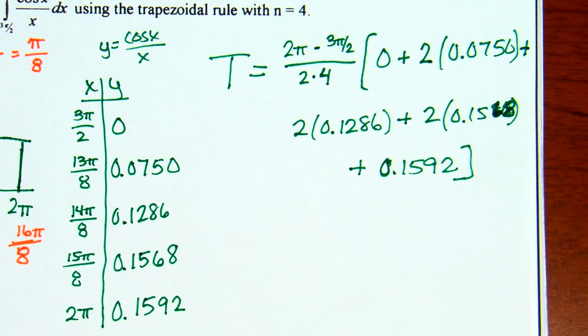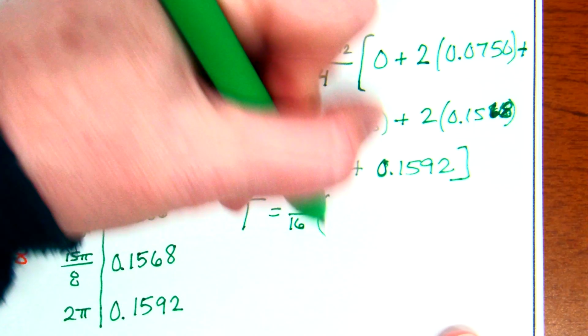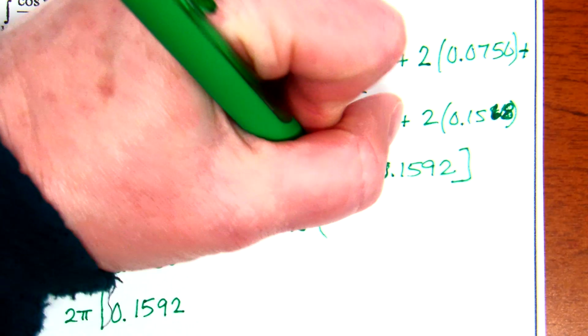I'm assuming it's right. I have written down 0.88. So then when you multiply that by pi over 16, I have written down 0.1728.